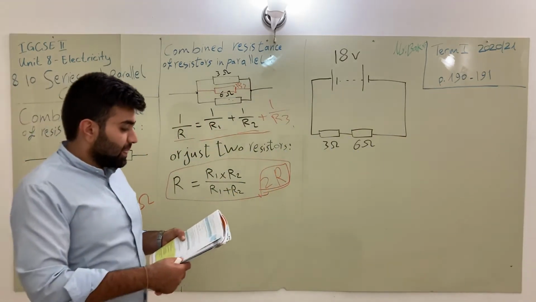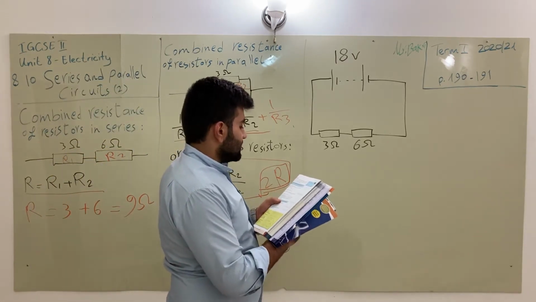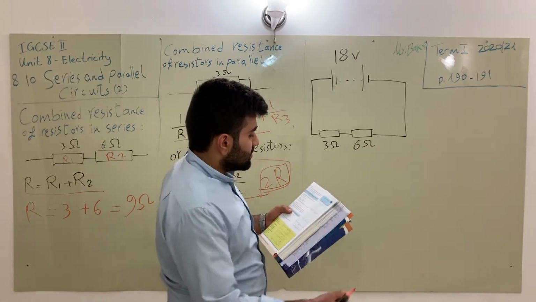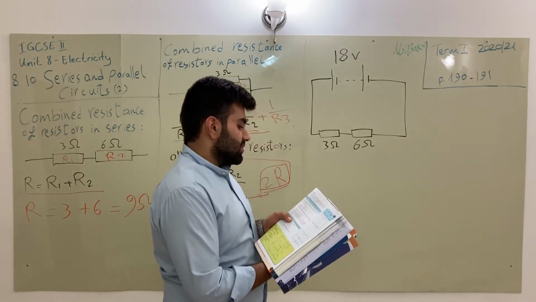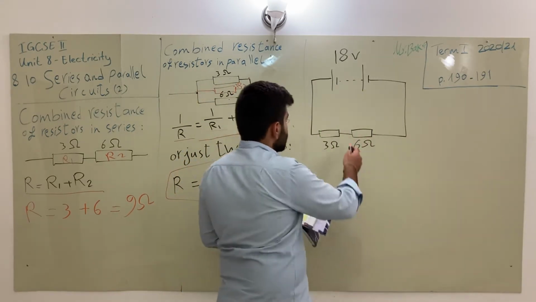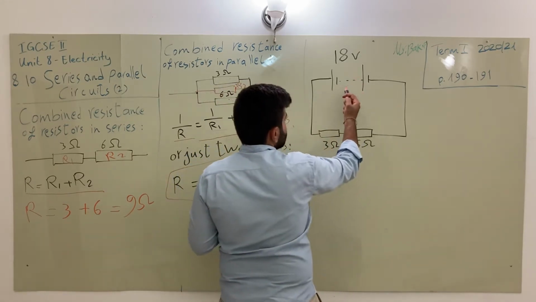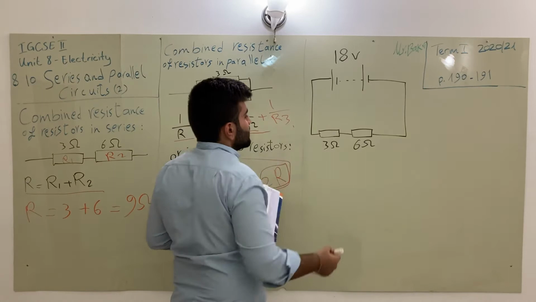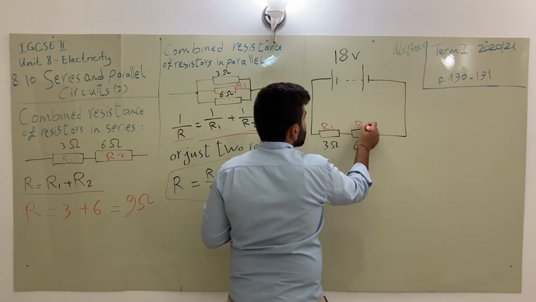Example 1. Calculate the potential difference across the 3 ohm resistor and 6 ohm resistor in the circuits on the right. So here's the circuit on the right. We have a battery of 18 volt, and we have here 2 resistors, R1 and let's say R2.